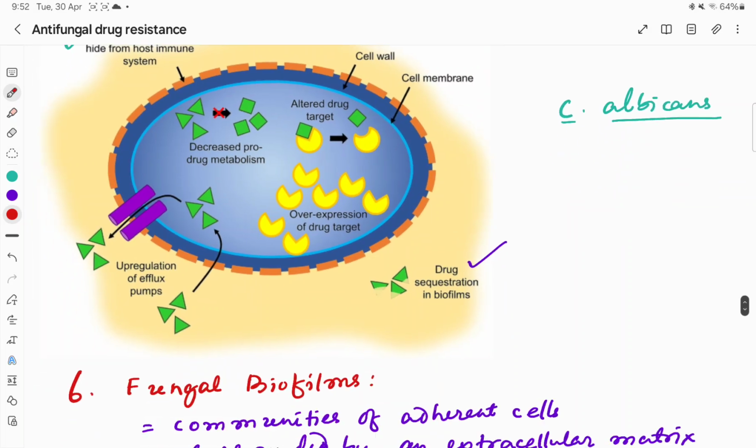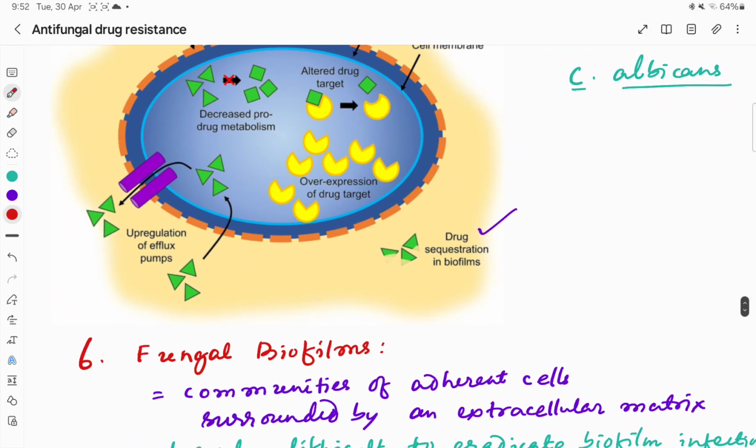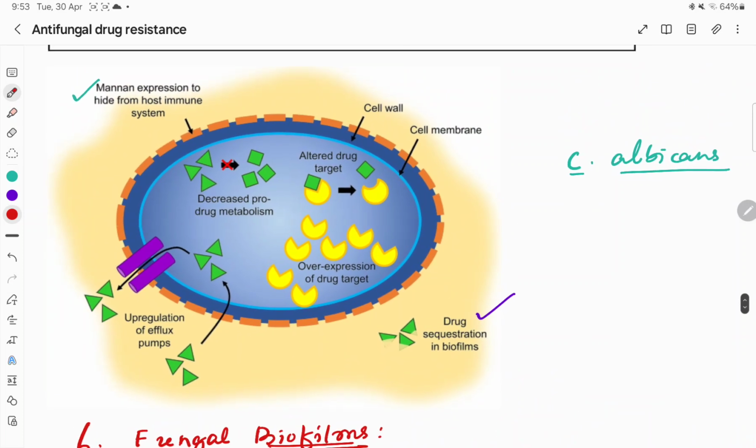In addition to that, there can be biofilm formation, and you can see here because of the mannan expression on the cell wall, this mannan hides the fungus from the host immune system, and this is a cause of resistance.